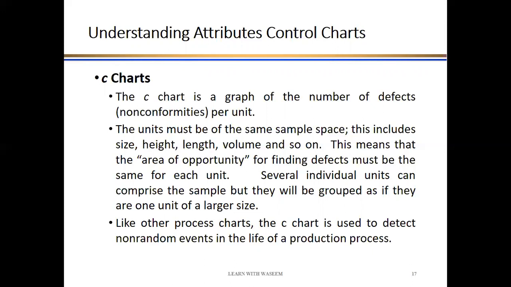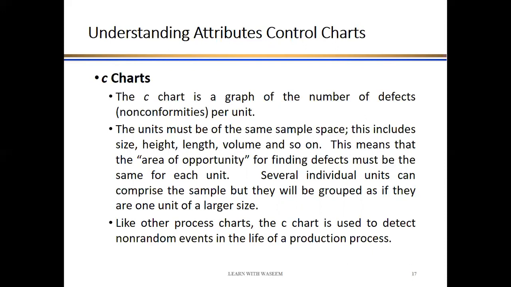This means that the area of opportunity for finding defects must be the same for each unit. Several individual units can comprise the sample, but they will be grouped as if they are one unit of a larger size. If multiple units are used, the same number of units must be in each subgroup.